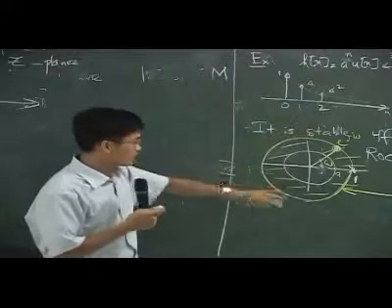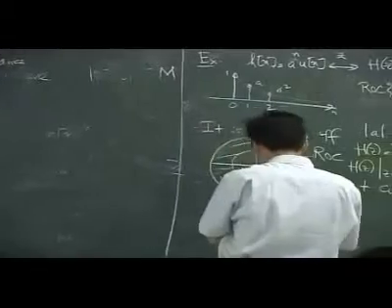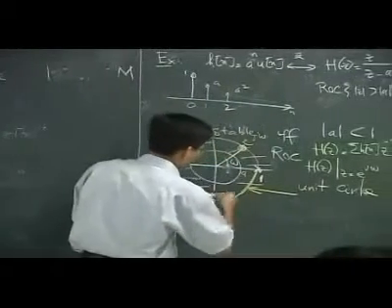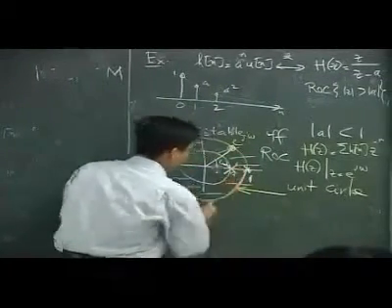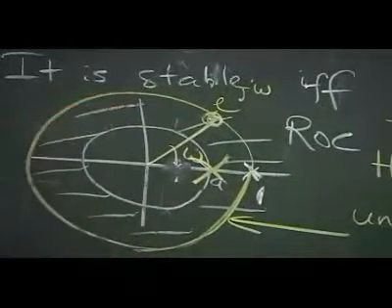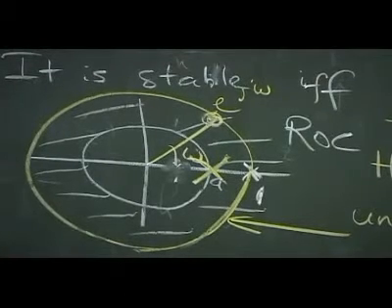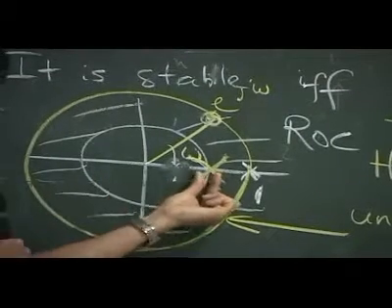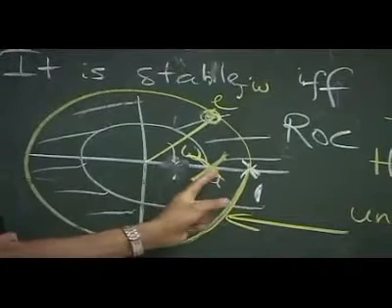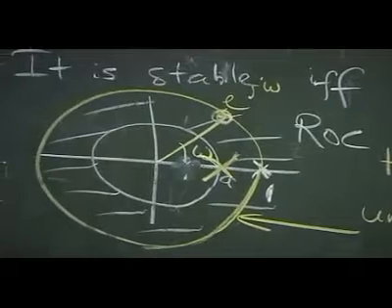So for example, for this filter, the pole is sitting right here, and the ROC is from there inside.